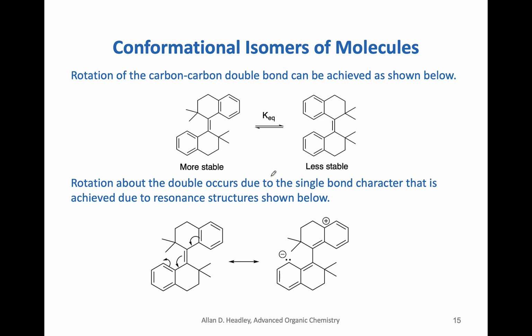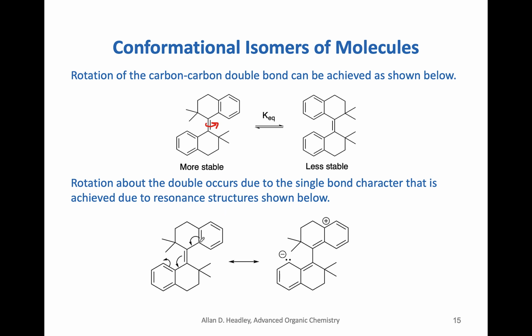Here's another example here. So we have a double bond characteristic here, and notice that it looks as if there was rotation here against the double bond. Of course, you learn from organic that the double bond is rigid. There's no rotation about a carbon double bond. It's a pi bond and a sigma bond. But here we're showing rotation where this group here comes back over here.